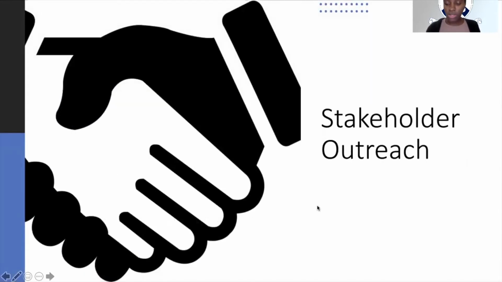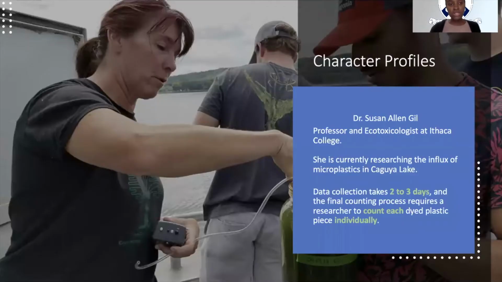We talked to a number of stakeholders to gain more insights on this problem. We found that they would be counting each plastic individually.